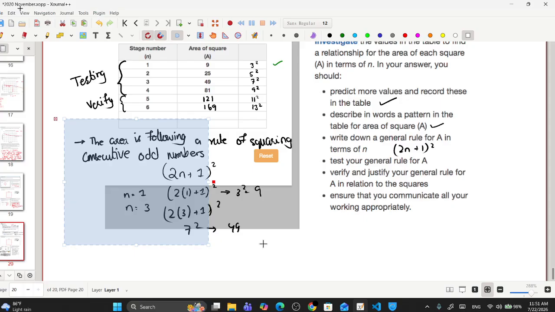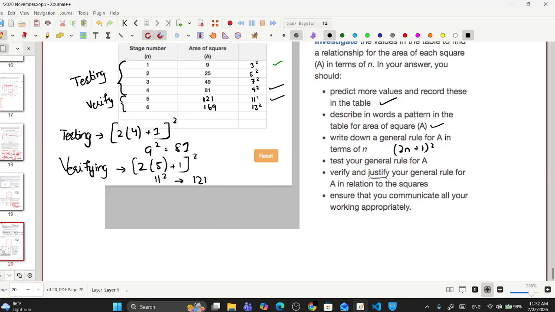Justify your general rule for A in relation to the squares. If I was to ask you, this is a square that we have. The length of this side of the square is 3. Find the value of the area. What would the answer be for the area for you?